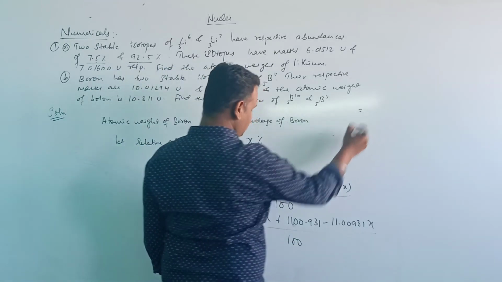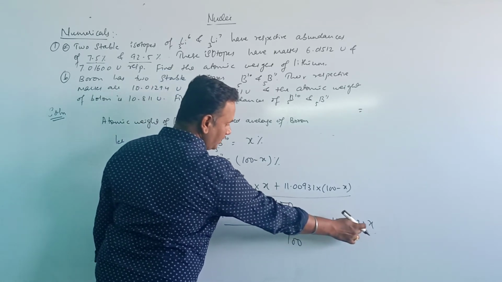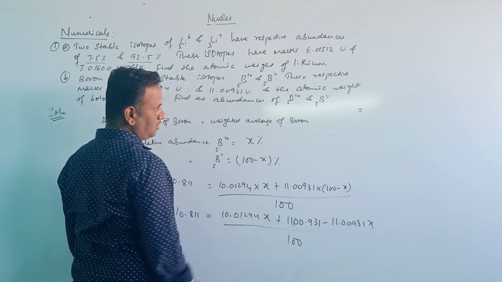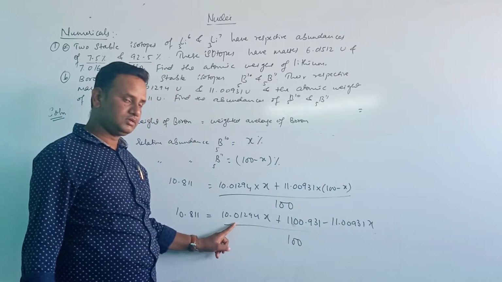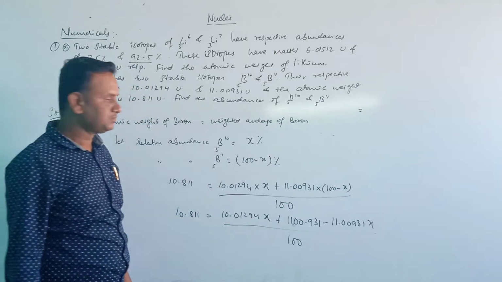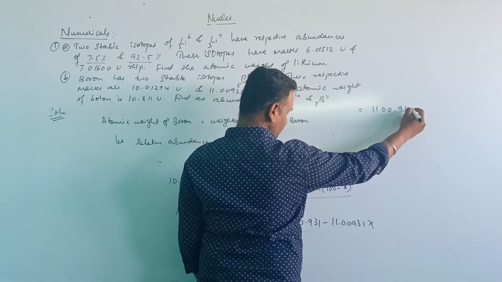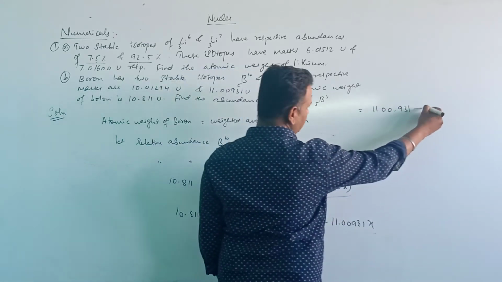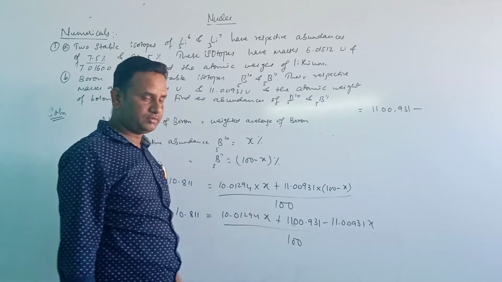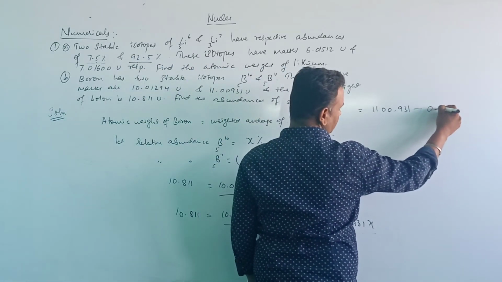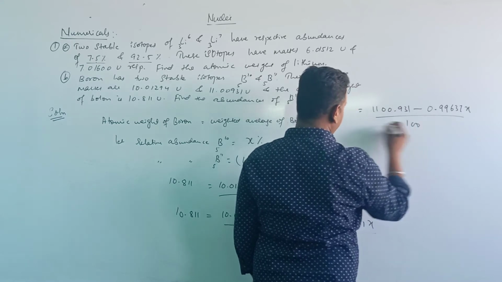Combining the x terms: 11.00931 minus 10.01294, how much do you get? Minus 0.996. So 1100.931 minus 0.99637x, divided by 100.